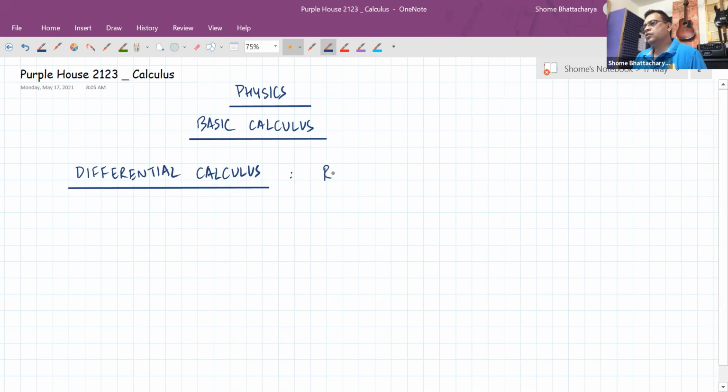It is all about calculation of rate of change. And there's a second part of calculus called integral calculus. We'll come to that later. We'll start with the first part, which is differential calculus, which is to do with rate of change. Now, have you heard the term rate of change?